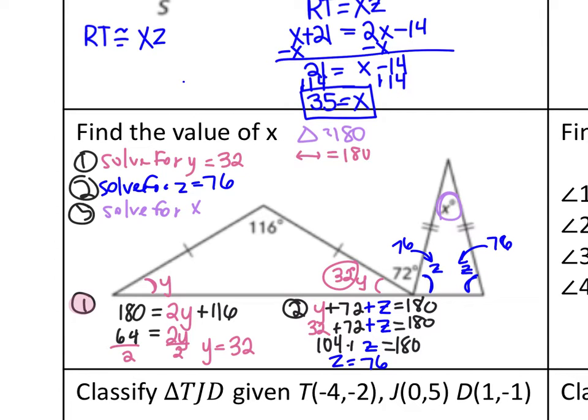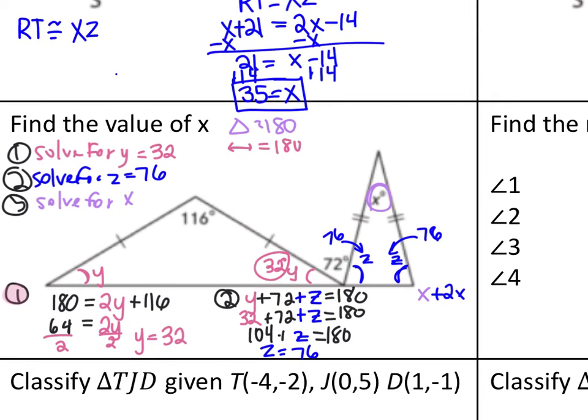So step 3, we have to solve for x. We know that x plus 2z is going to equal 180 total degrees. Oh, that's supposed to be a z. 2z. Okay? X plus these two z angles equals 180. So I know x plus 2 times 76.